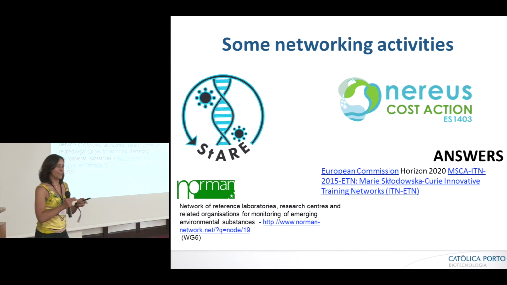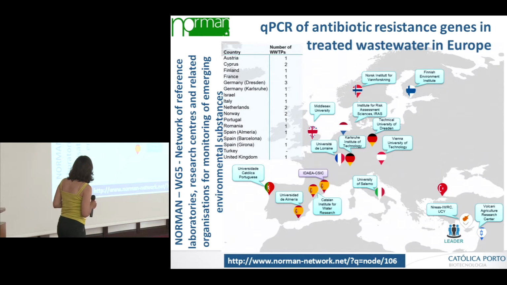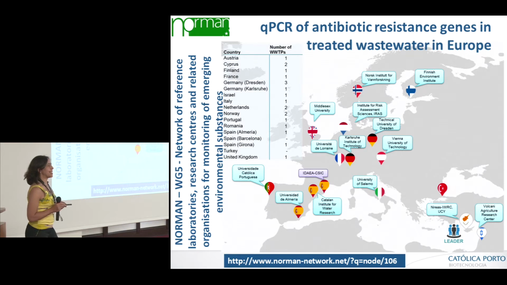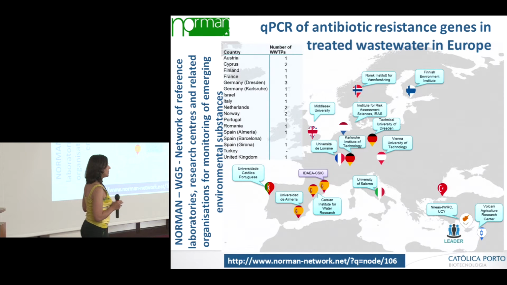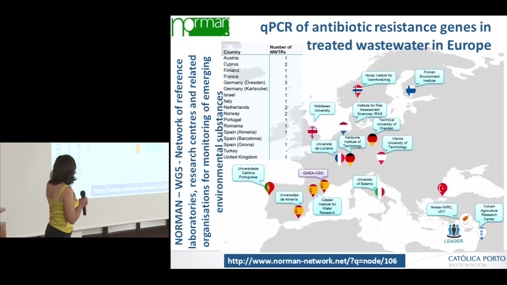In order to go ahead with these initiatives, we have some activities nowadays. One of these is a project that we started last year. We are trying to initiate a comparable set of data on antibiotic resistance occurrence in treated effluents.